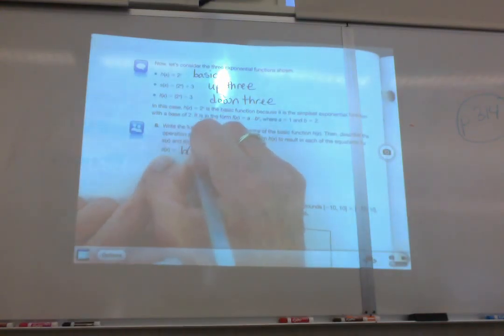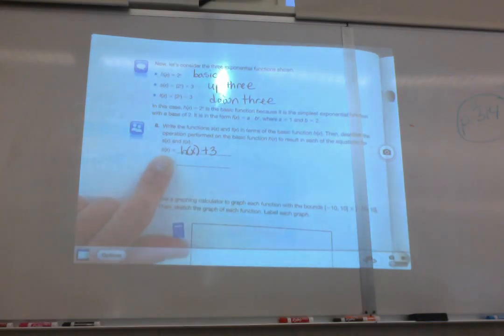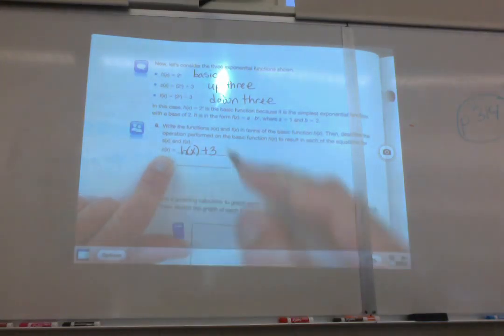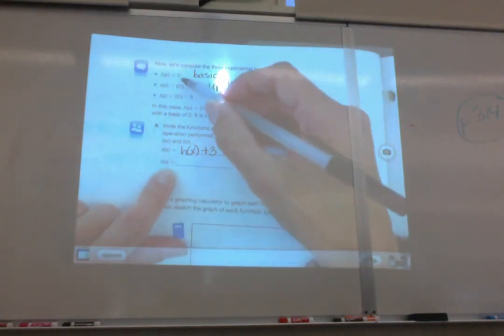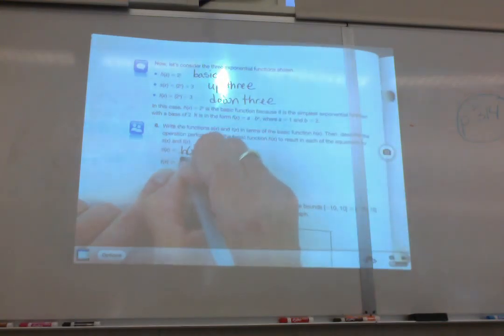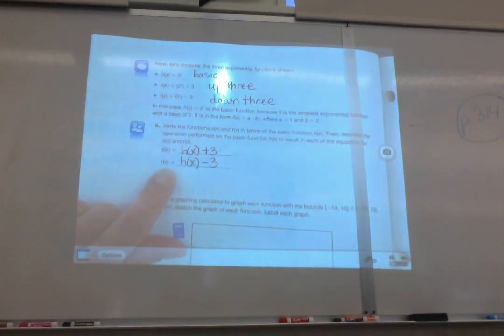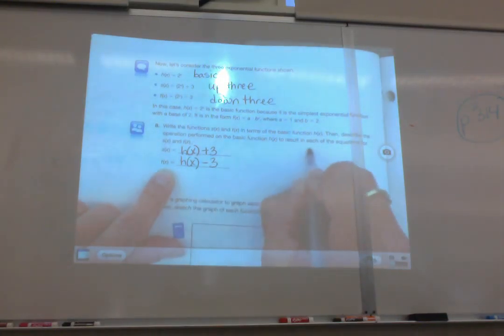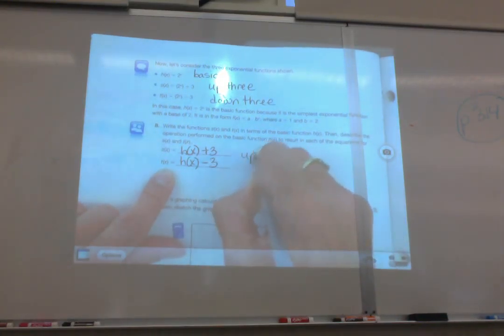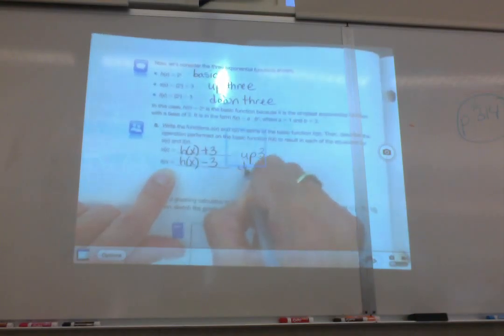It starts out exactly the same, but they've added 3. T of x starts out exactly the same as h of x, but they've minus 3. And we kind of already did what they were talking about. This one's going to go up. This one's going to go down.